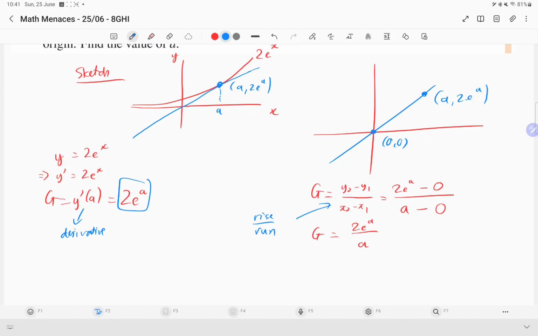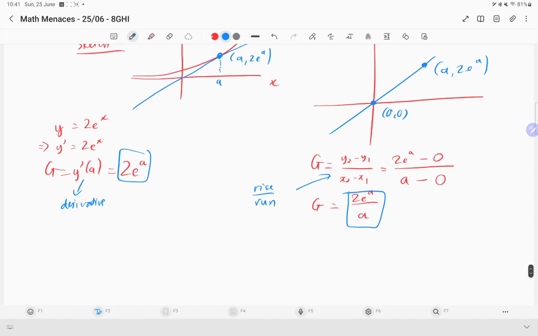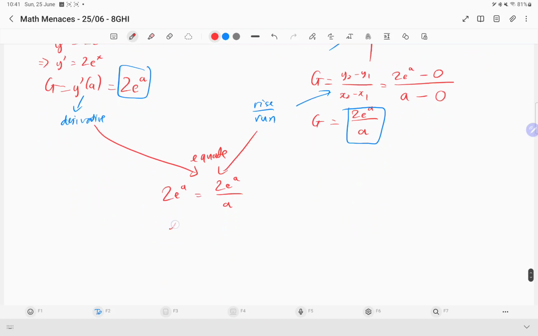If we can find the same entity, which is gradient, using 2 different rules, then we can equate them because they both should be equal to the gradient. So equate these 2 equations, then you would get 2e^a equals 2e^a over a. And then you can just divide both sides by 2e^a. So 1 equals 1 over a, therefore a equals 1. That's it.